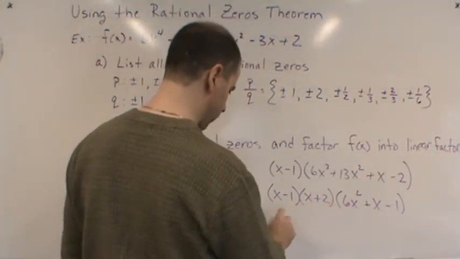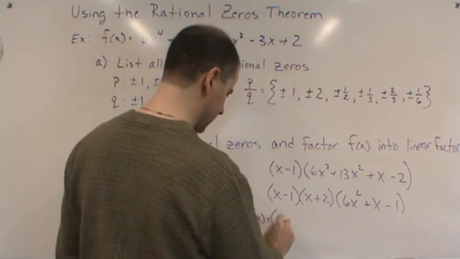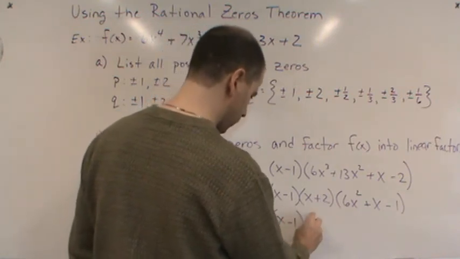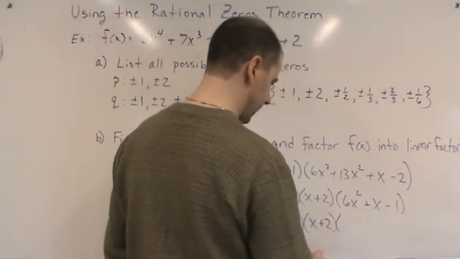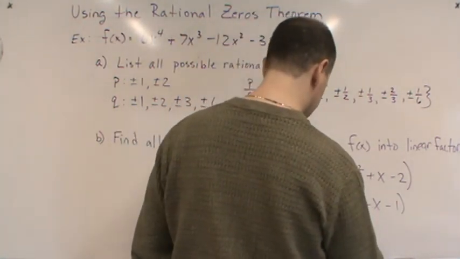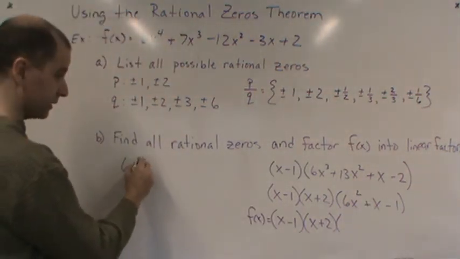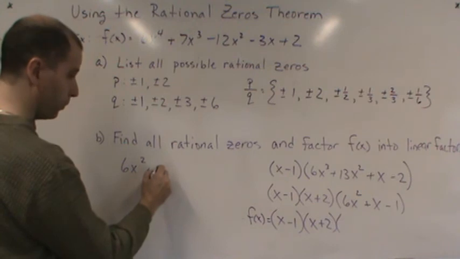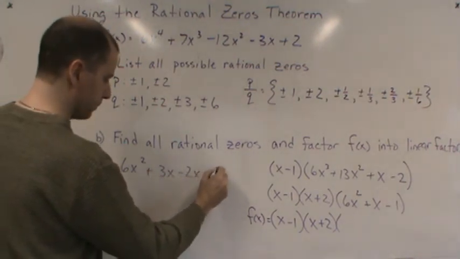Now we're finished, because we got f of x is equal to x minus 1, x plus 2, and we're going to get 6x squared plus 3x minus 2x minus 1.